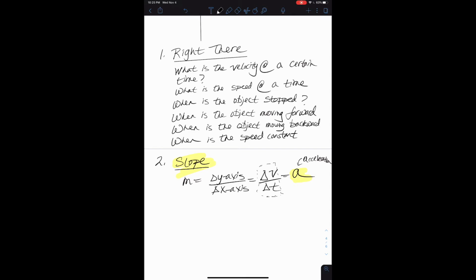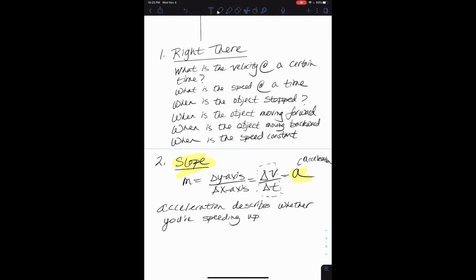All right. And acceleration can be positive or negative. This describes whether you're speeding up or whether you're speeding up in the positive or negative direction. I'll write that down. Maybe I should say it a little differently.